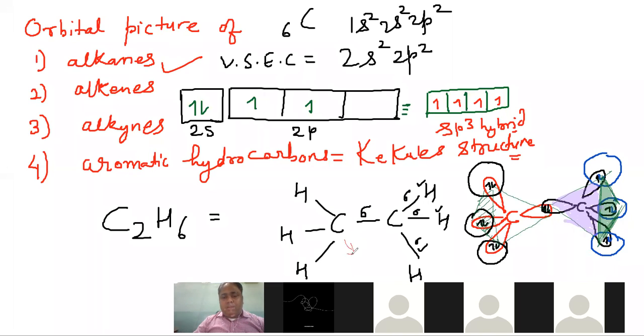This carbon is sp3, this carbon is sp3, so they form a tetrahedral structure.